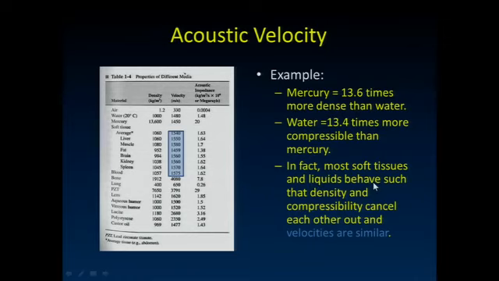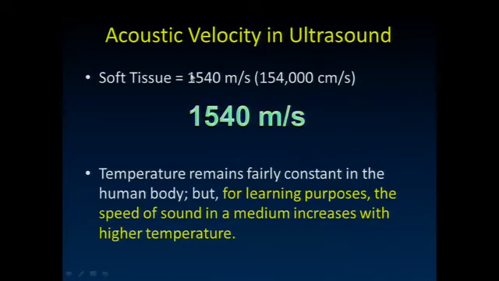So, in fact, most soft tissues and liquids behave such that the density and compressibility cancel each other out, and those velocities are very similar. So we're going to use this number, right? 1,540 meters per second. Not a particularly useful number, right?